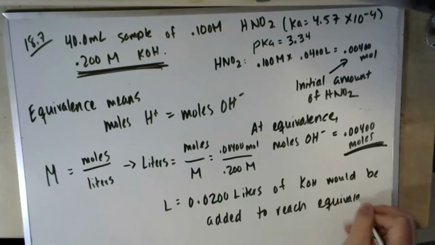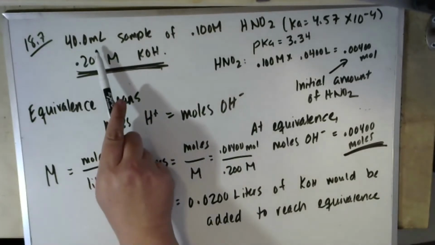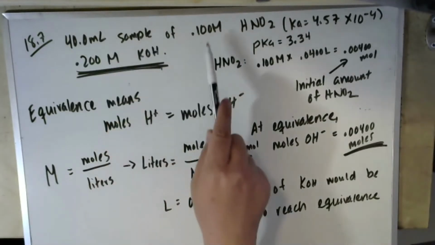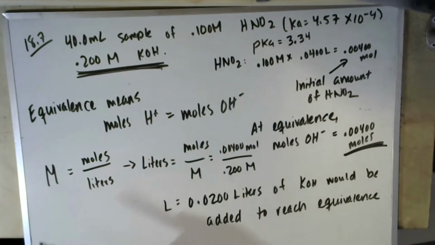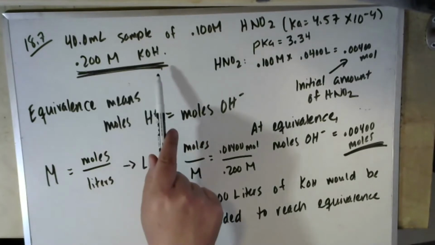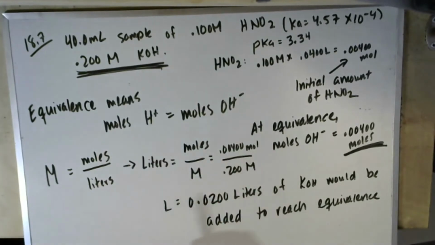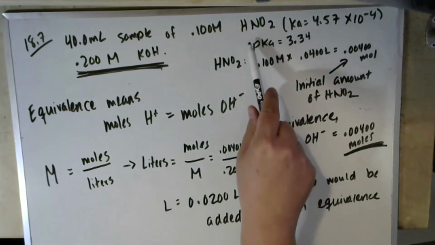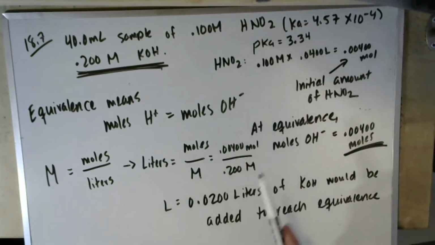So that means that if I had 40 milliliters of 0.1 molar nitrous acid in a flask, and I was titrating it with 0.2 molar potassium hydroxide, I would have to add exactly 20 milliliters or 0.02 liters of the potassium hydroxide to the nitrous acid before I reached the equivalence point.